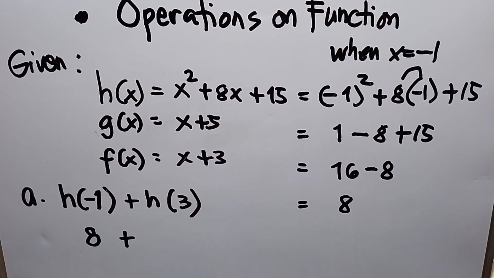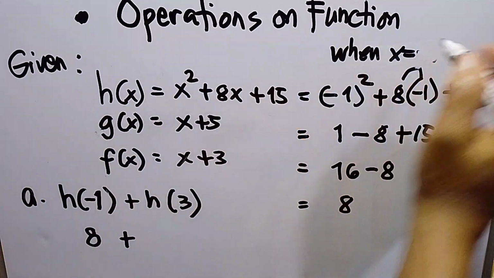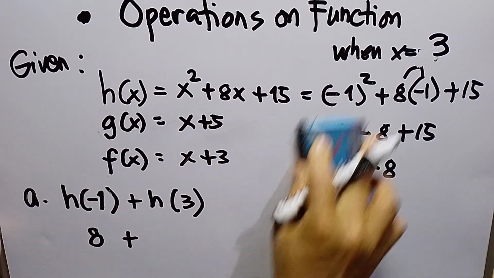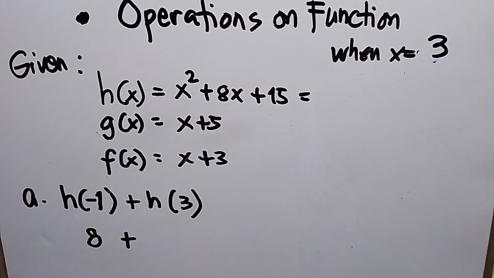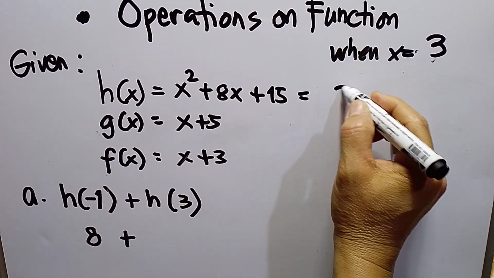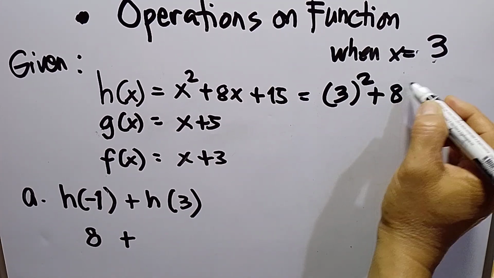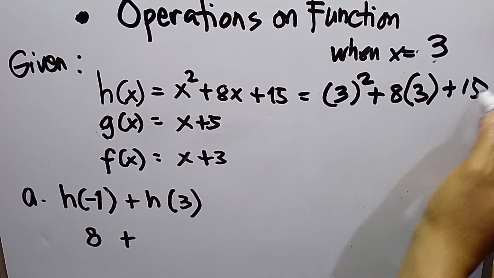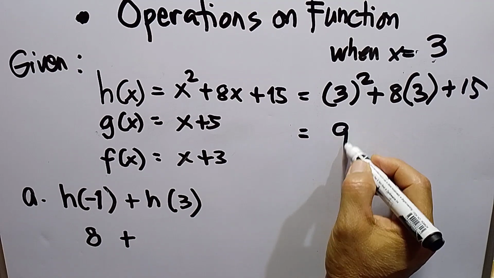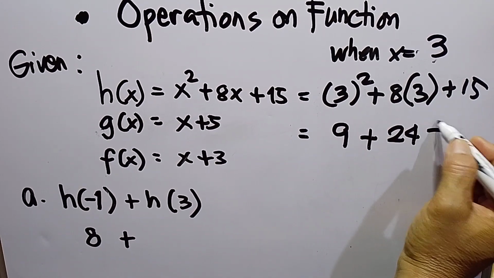And then plus, when x is equal to positive 3. The same, my function is h. So this will be positive 3 squared, and then plus 8 times positive 3 plus 15. So 3 squared is 9, and then 8 times 3 is 24, then plus 15.